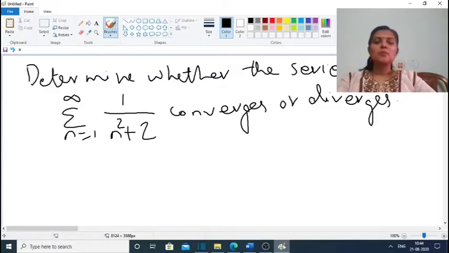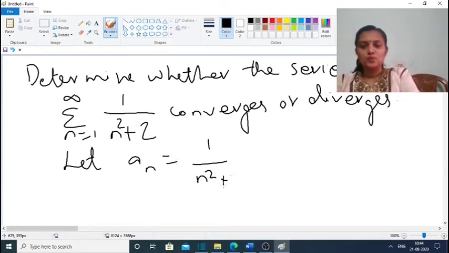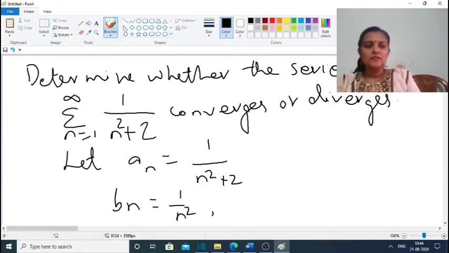First problem: determine whether the series sigma n equal to 1 to infinity, 1 by n square plus 2, converges or diverges. We can take an equal to 1 by n square plus 2, and bn equal to 1 by n square.